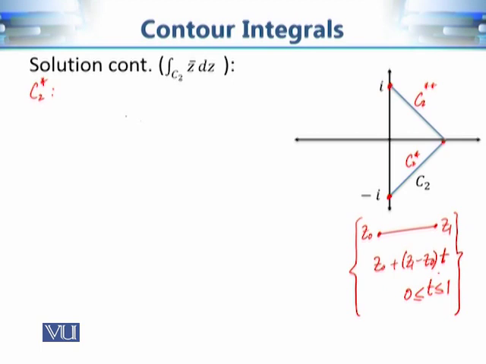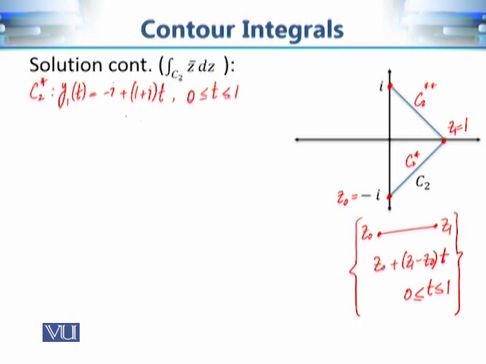Now if we apply the same rule and the initial point is taken to be minus iota and the final point is taken to be Z1 equal to 1, then we get the following representation of C2 star. So y1 of t is going to be equal to minus iota plus (1 plus iota) t, and of course t varies between 0 and 1.